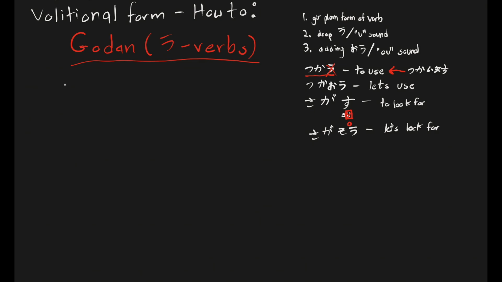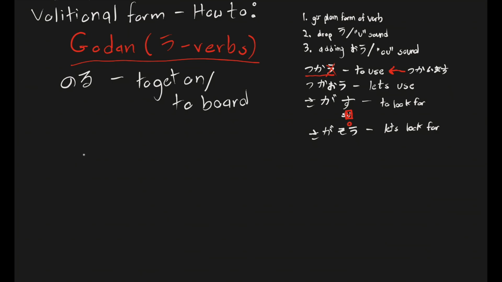Let's do noru. So noru means to get on or to board. So you'd use this verb when getting on a bus or getting on a plane or getting in or on some type of vehicle.